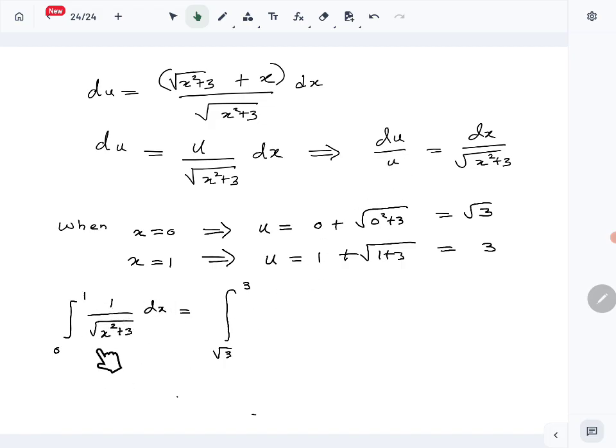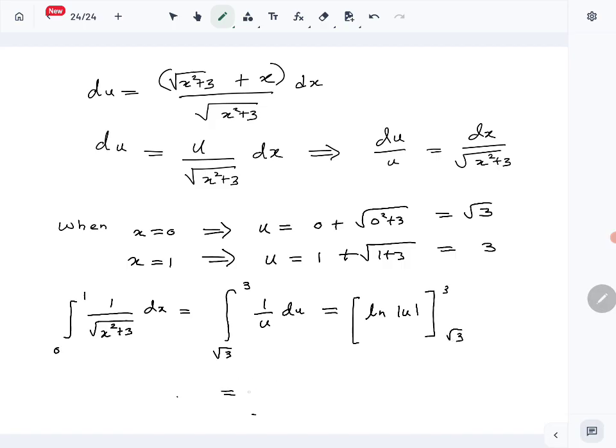So this whole term we can replace by du over u, that is the same as 1 over u times du. Now we can find this integral. What is the integral of 1 over u? That is natural log of the absolute value of u. Then apply the limits.